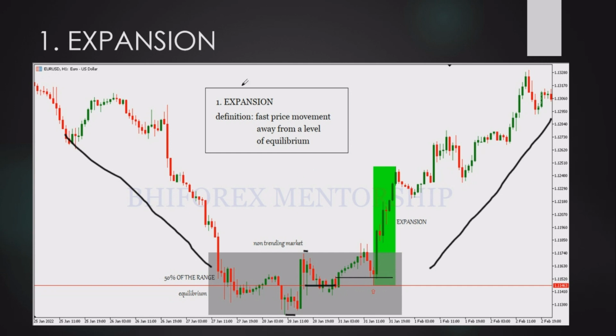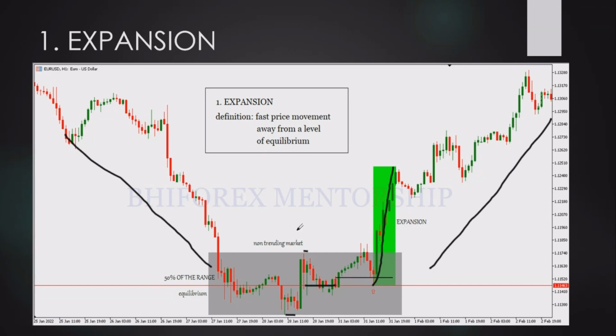So from the definition of expansion, it is a fast price movement from equilibrium. Now, you can see price came back into equilibrium and then aggressively pushed up from there inside this green shaded area. That green shaded area is price expansion.